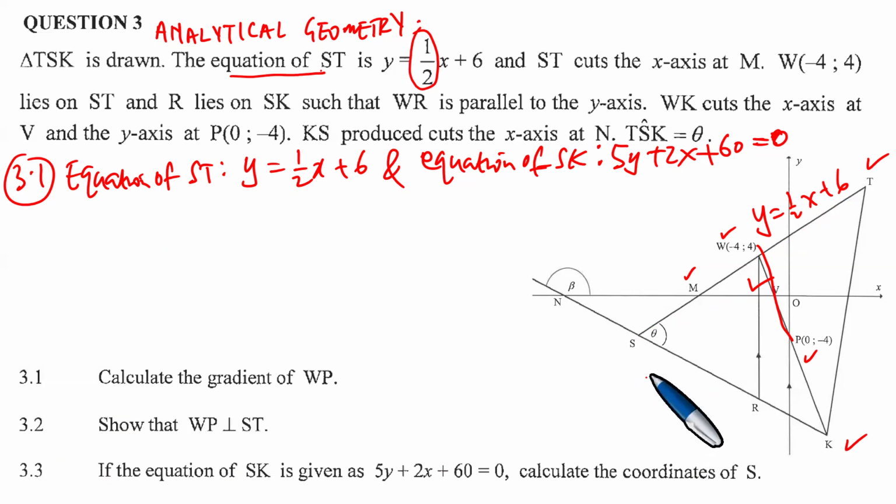If this is S and this is K, we're already preparing you for the June exam, guys. This SK has this equation, and then we have the equation of ST, which is 1/2 x plus 6. These two lines meet here, they intersect. So you need to find the point of intersection.